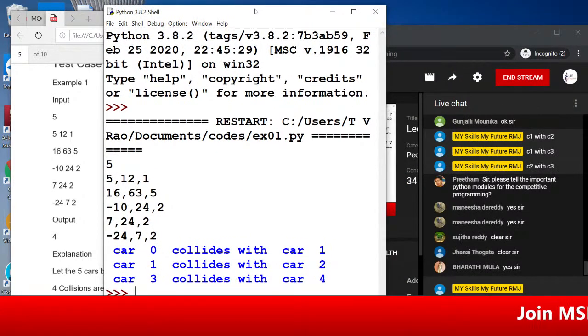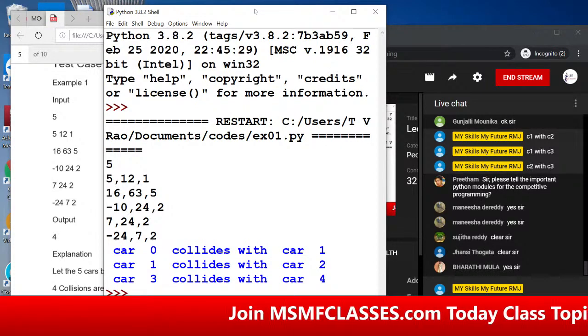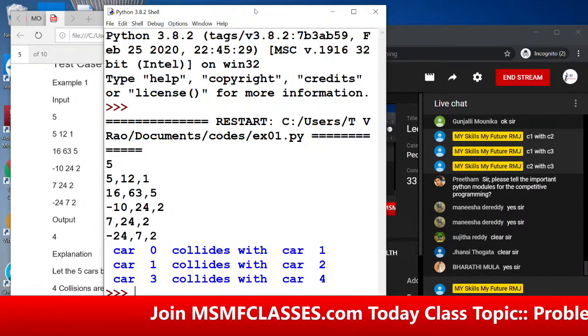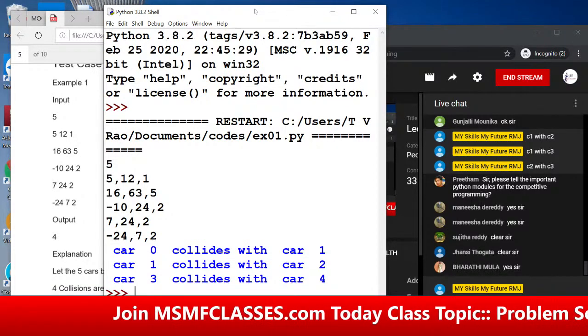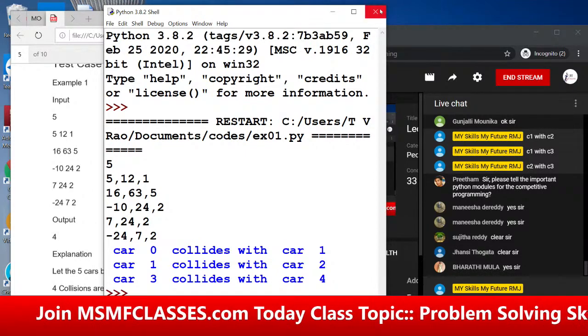Now check the answers. Car 0 collides with car 1, car 1 collides with car 2, okay. So one more thing is missing, 0 collides with 2 also. So you make that modification.